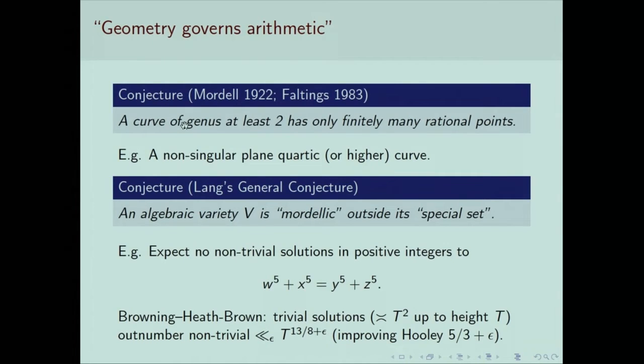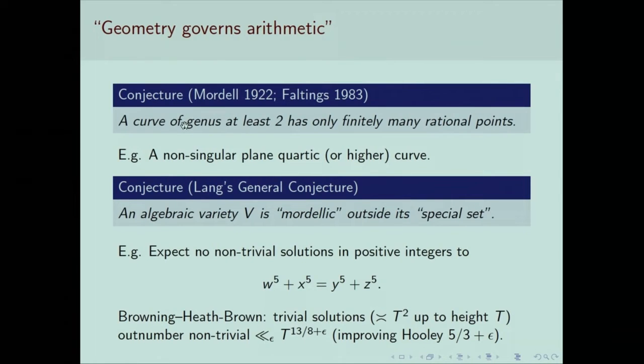And just as an example of this, it's expected that there are no non-trivial solutions to this equation of writing a positive integer as a sum of 2 positive fifth powers. On the other hand, what's known is that the trivial solutions, where w and x is just a permutation of y and z, at least outnumber the non-trivial solutions.